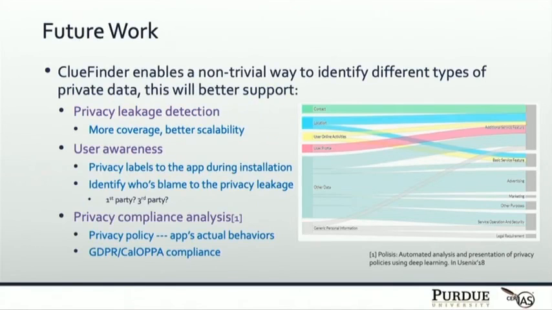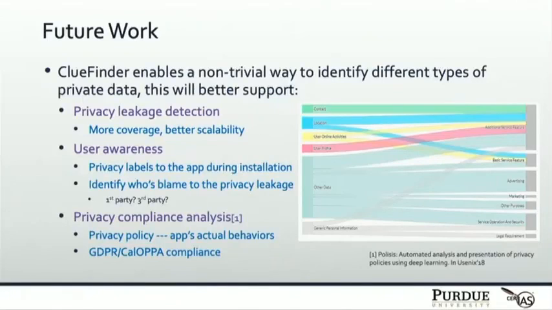So let me talk about some of the future work. ClueFinder enables a non-trivial way to identify different types of private data. And it can better support privacy leakage detection because it enables better coverage and scalability. Also, with tools like ClueFinder, we can give users better awareness about privacy leakage.